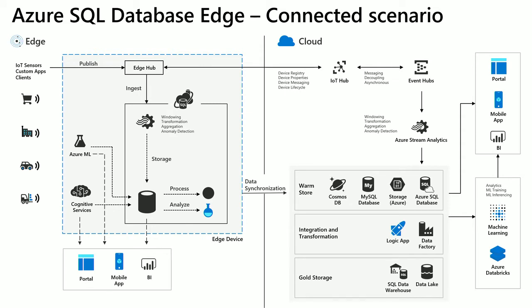And then on the left-hand side, you have all your cloud services, right? It could be your Event Hub, it could be Cosmos DB, it could be SQL DW, it could be Azure SQL Database, it could be anything, right? Even Databricks, Azure ML, all of those services.